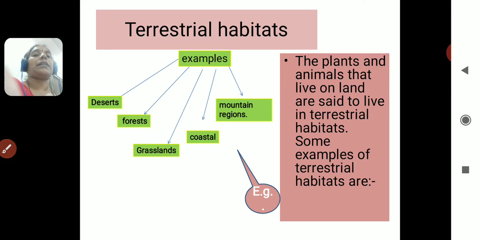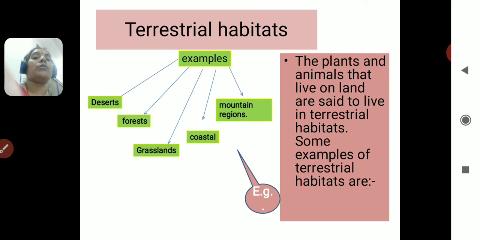Now there are some examples of terrestrial habitats like deserts, forests, grassland, coastal and mountain regions. I hope you have learned about the deserts. Which type of habitat is this, students? It has sandy soil. It is extremely hot during the day and extremely cold during the night. There is little or no vegetation. So the animals and organisms found here are adapted for such a habitat.